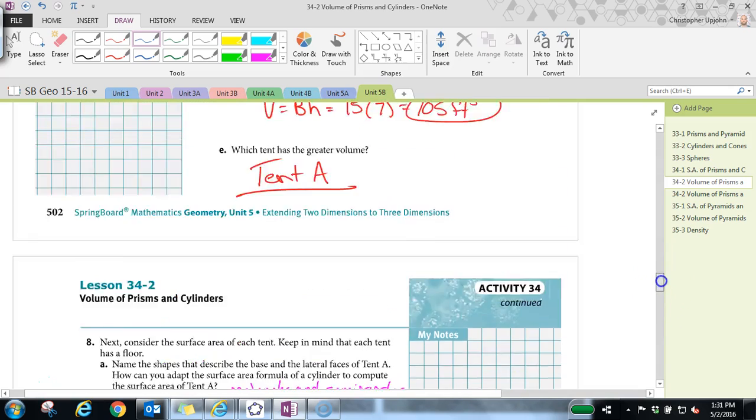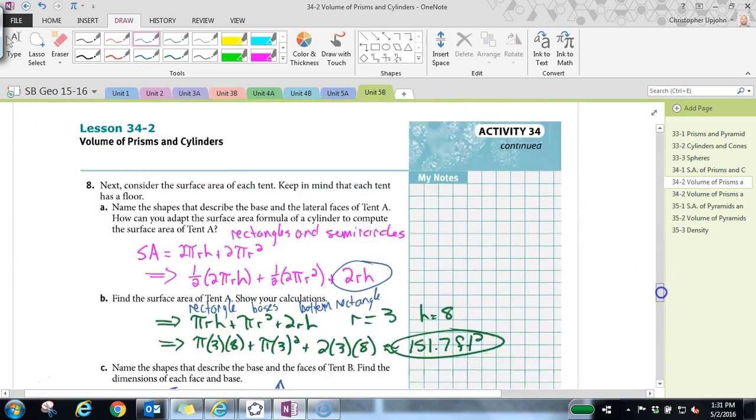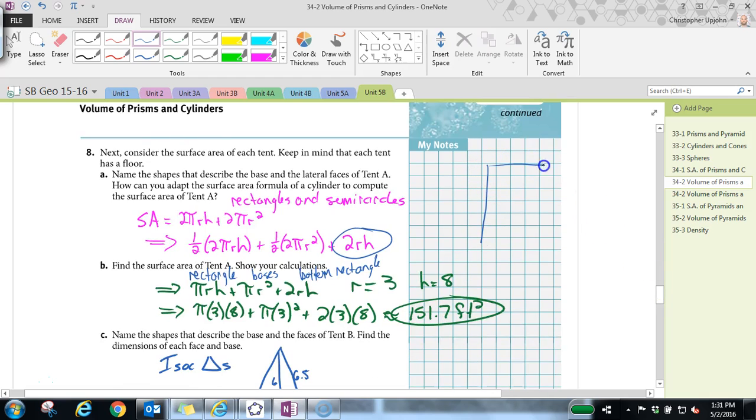Perhaps let's draw a net of this. So we have our bottom, that's a rectangle. We have our semicircle, another semicircle, and this is what wraps over top. So radius is 3, diameter 6. This is 8.